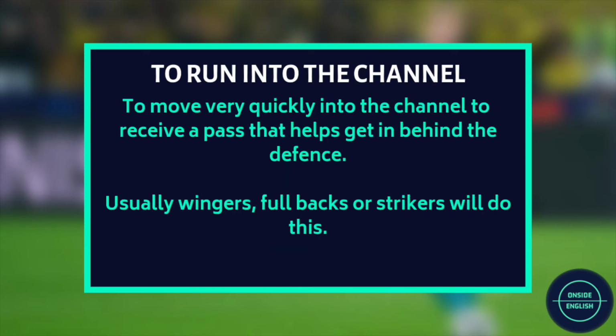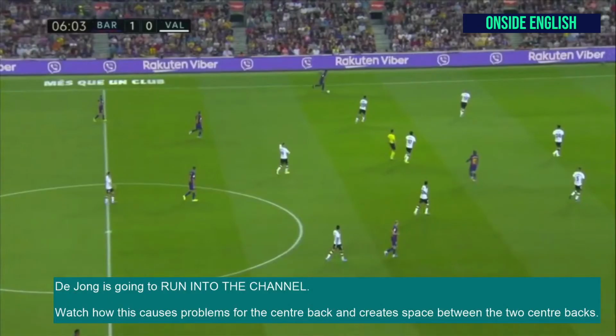Another phrase you can use with your players is to run into the channel, to move very quickly into the channel to receive a pass that helps get in behind the defense. Usually wingers, fullbacks or strikers will do this. So Jong is going to run into the channel.